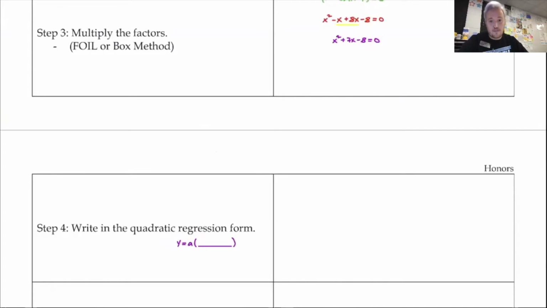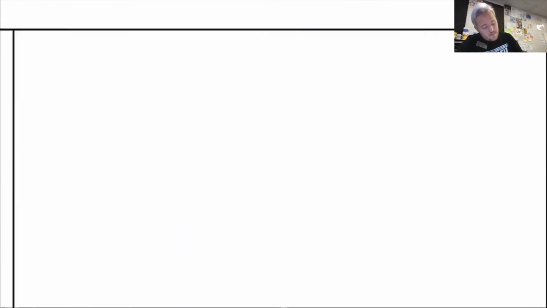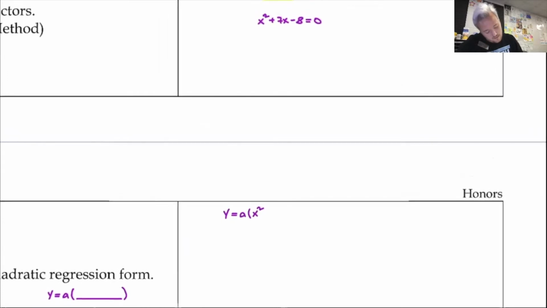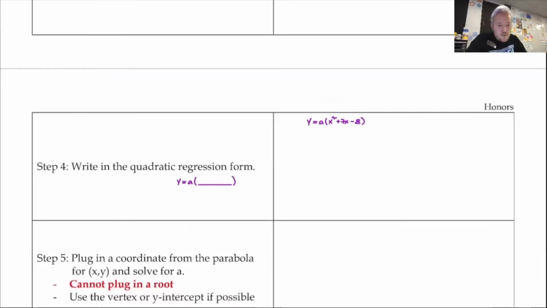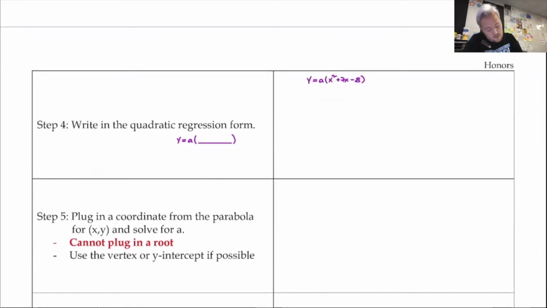So in step 3, I'm going to write it as y equals a parentheses x squared plus 7x minus 8. Is that all I'm doing in that one? Yep. All right, so that's all you're doing for this step. You're just writing it in the regression form.